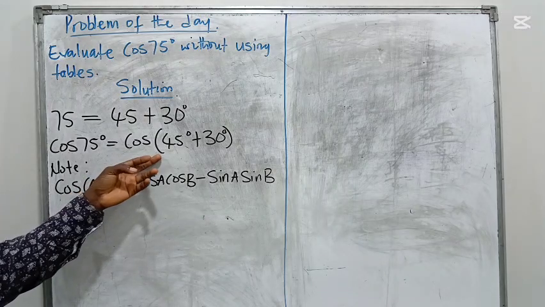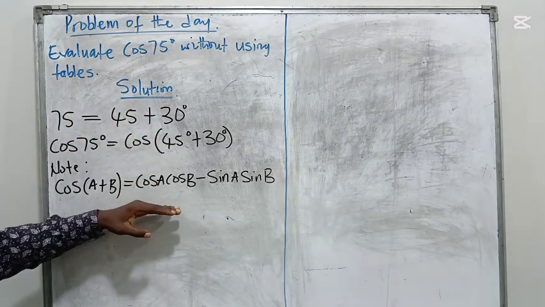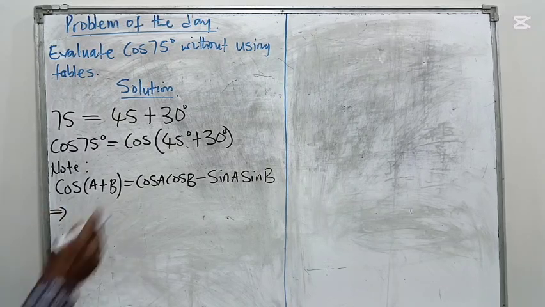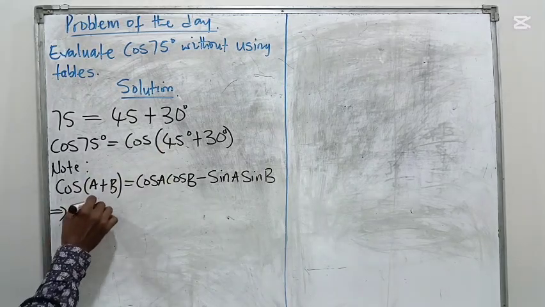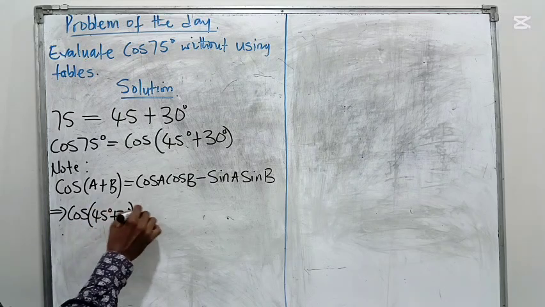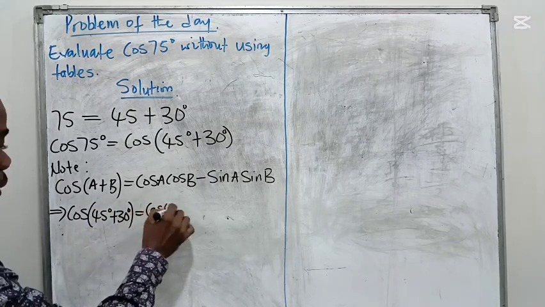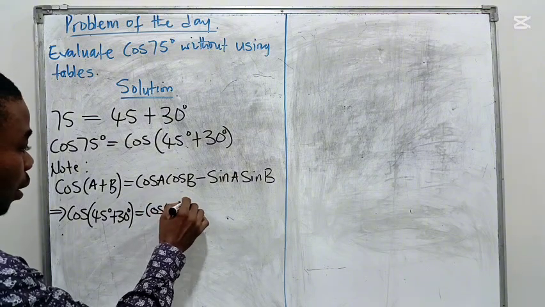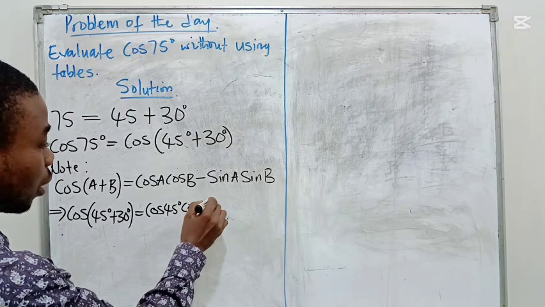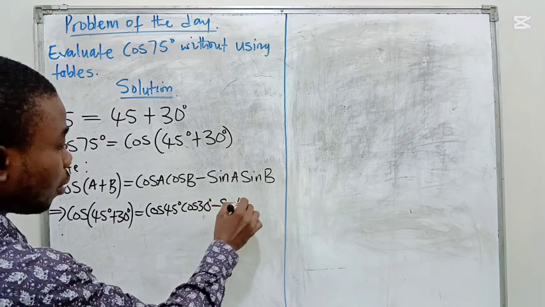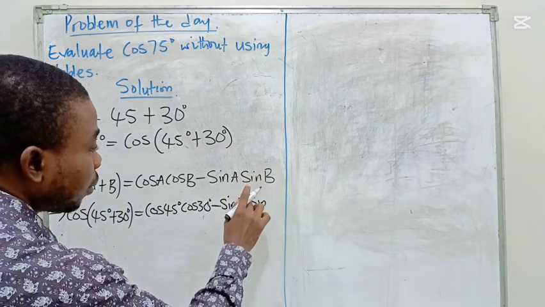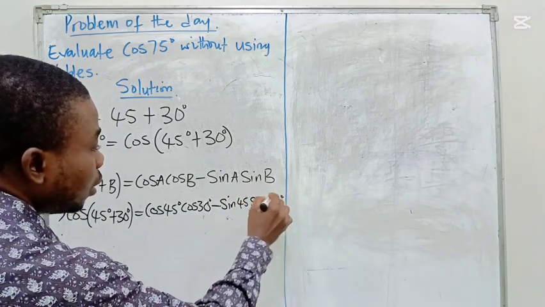So let's bring these here. That means cos of 45 degrees plus 30 degrees is equal to cos 45 degrees times cos 30 degrees, minus sine 45 degrees times sine 30 degrees.